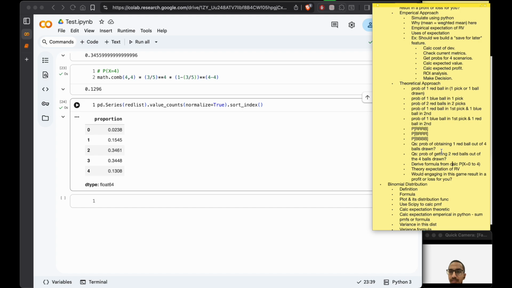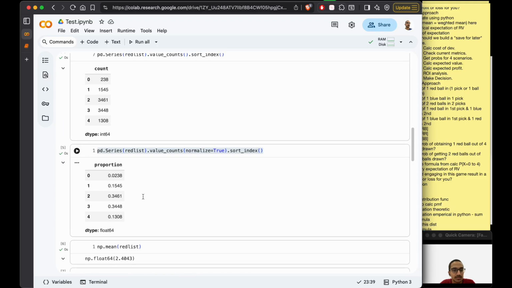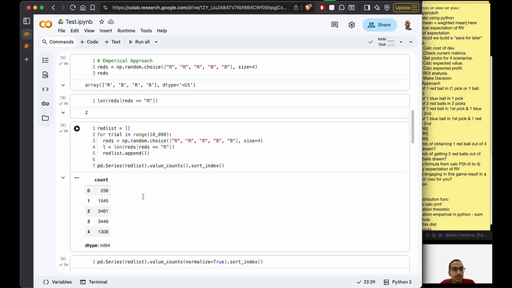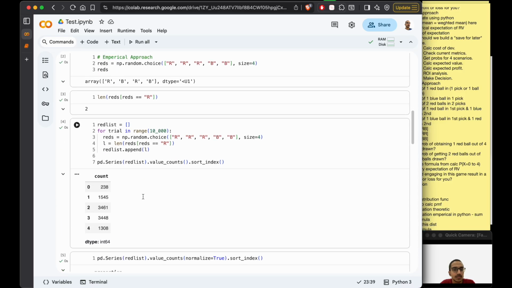Did we calculate expectation before? I don't think so. So again, I think we did the expectation, right? PD, where is expectation? I'm pretty sure we did expectation.